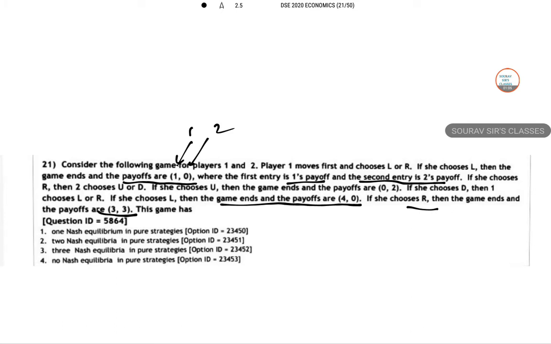So let's have a look. Observe the game has 2 pure strategies. And that is going for the same payoff.